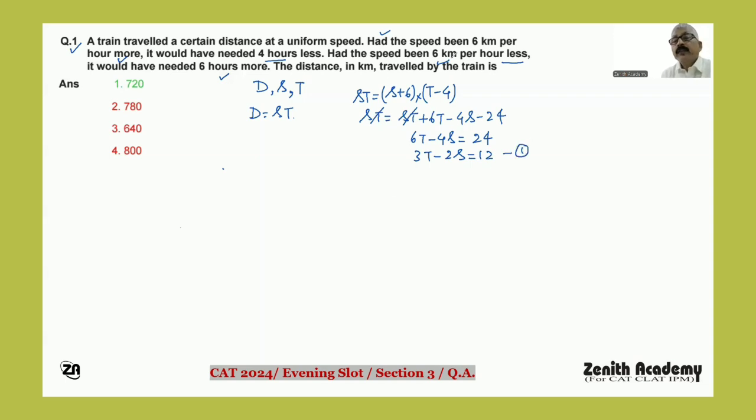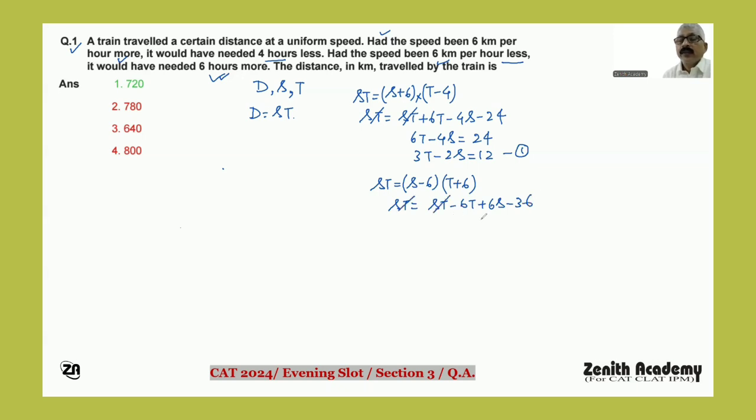And now had the speed been 6 km per hour less, in this scenario the speed is going to be s minus 6 and time is 6 hours more, so time is t plus 6. And the distance is equal to st. So st is equal to st minus 6t plus 6s minus 36.